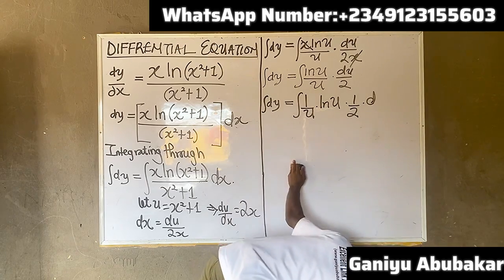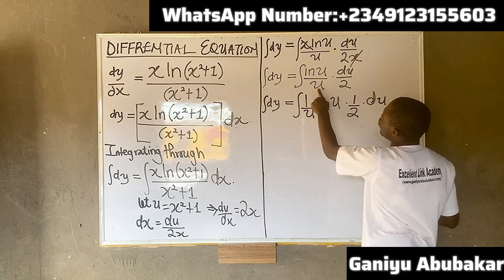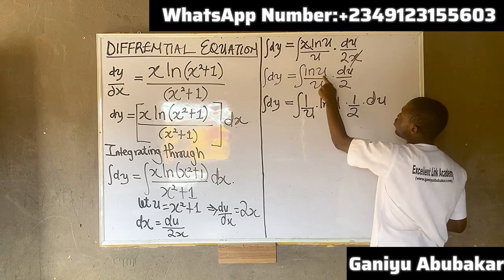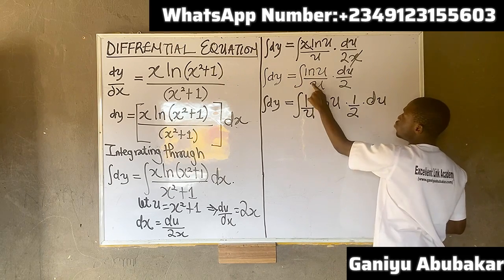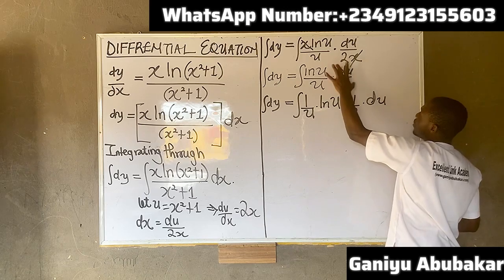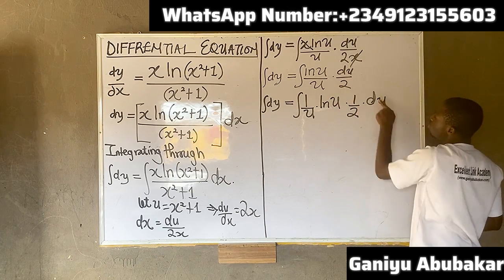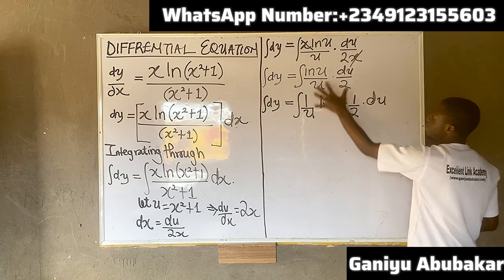Observe, that 1 over u dot ln u is still ln u over u, the same thing. Apply the same thing here. Shift out the half, that gives 1 over 2. 1 times du gives you du over the same 2. So they're still the same thing.